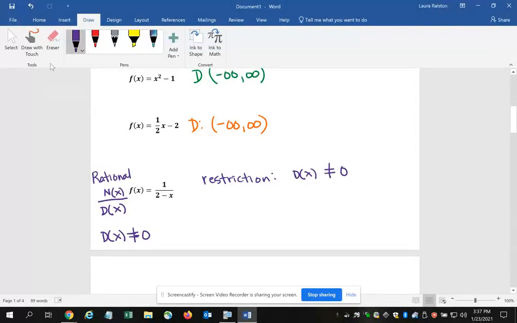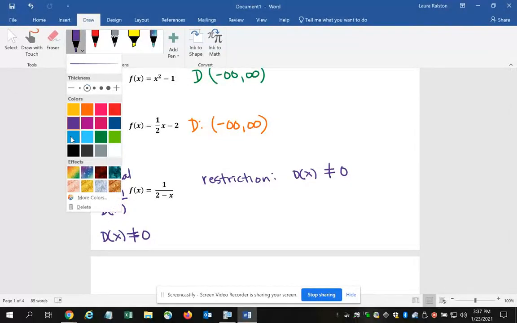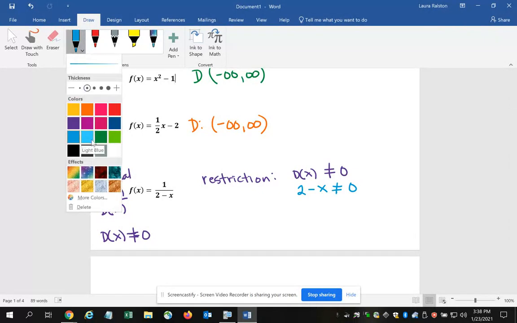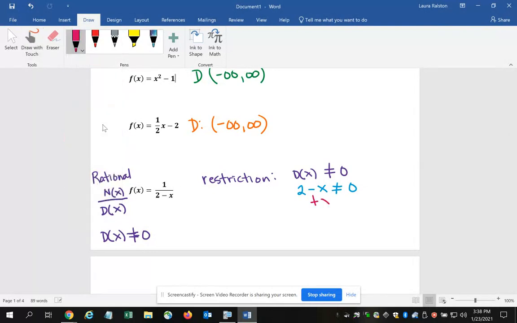So for this particular problem, I would have 2 minus x cannot be 0. And then I have to solve that basic algebra equation for x. I'm going to add x to either side of the equation, and I get 2 cannot equal x.